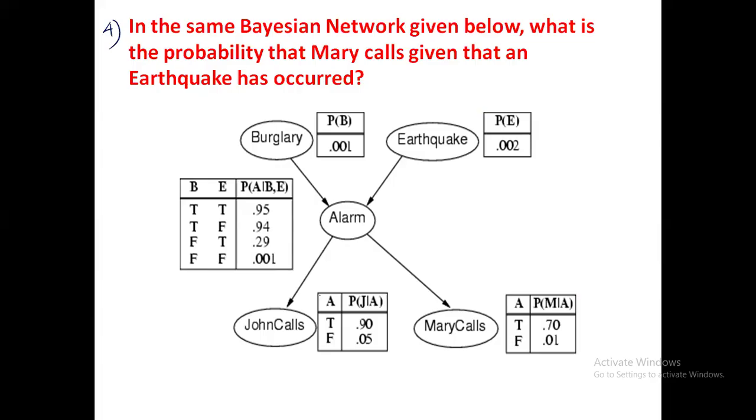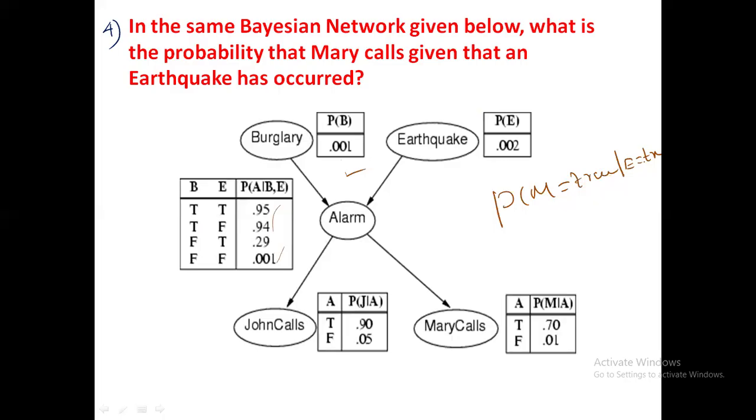To compute the probability that Mary calls given that an earthquake has occurred, how are we going to write it in this case? Probability of Mary calls given earthquake is equal to true. We need to consider both possible cases of burglary, whether it occurs or not.